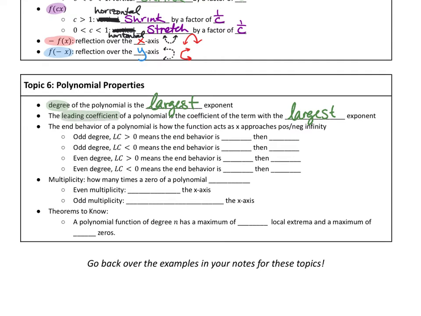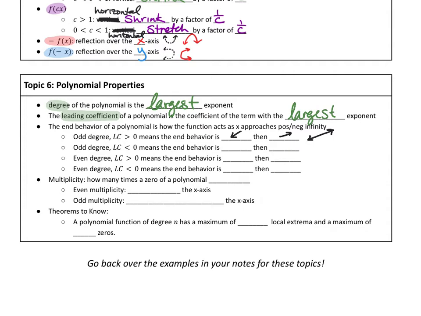If you have an odd degree function and the leading coefficient is positive, odd means opposite, positive means that we are going to be normal, like a normal y = x, or y = x cubed, the cubic function. That means the behavior is down to up.